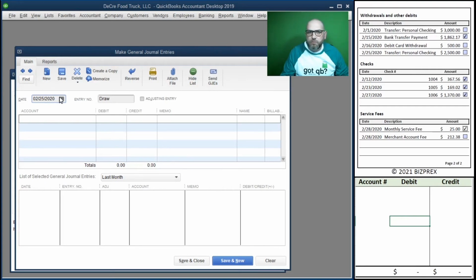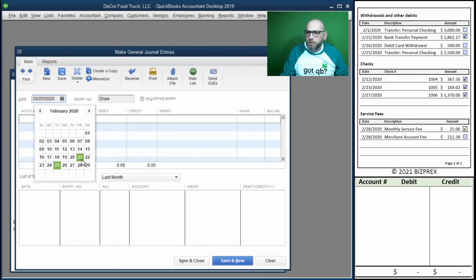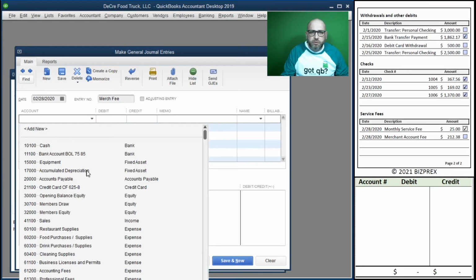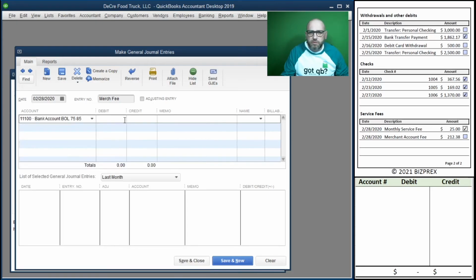We have merchant account fee. That's the amount of money the bank charges us for processing those credit card payments from our customers. So let's call it merchant fee. All right, so again, the first portion is very much the same. We know that our bank account is reduced.